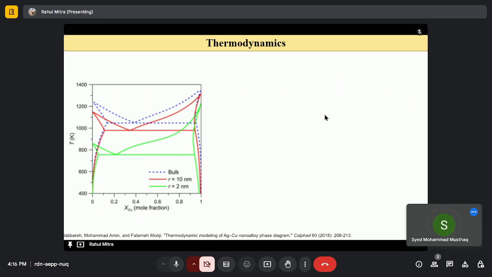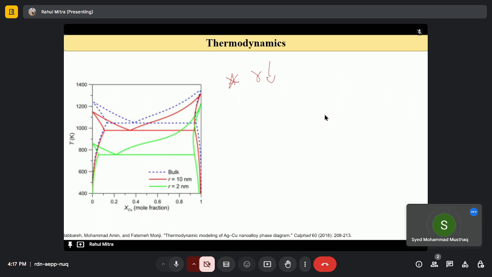So what exactly is happening here is how decreasing the size of the particle is going to affect this, our solidus temperature, this is our liquidus temperature, or should I say the equilibrium, not the yellow one, this blue dotted line.